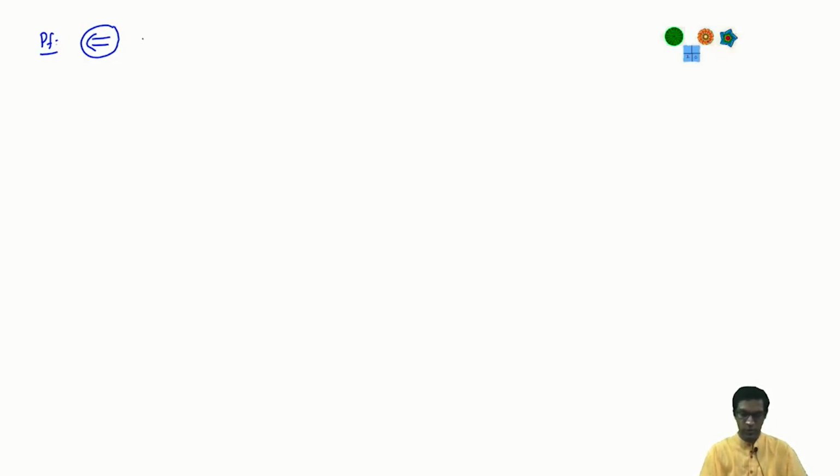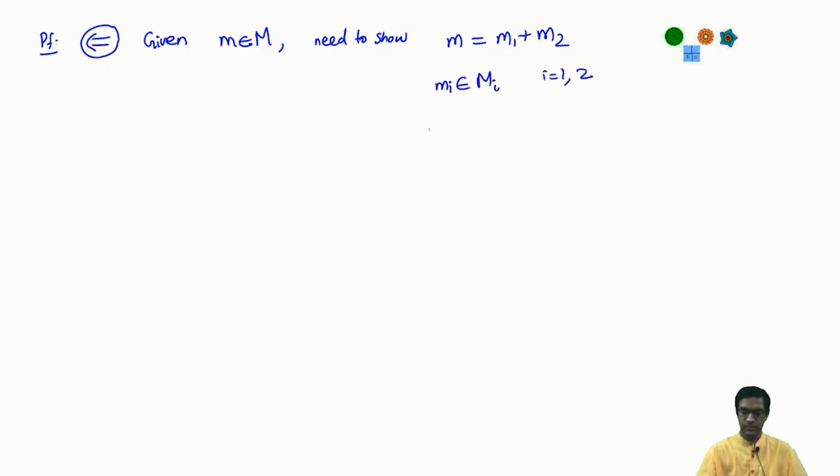We need to show that given any element m in M, m can be written as a sum m1 plus m2, with mi belonging to Mi, in a unique fashion.